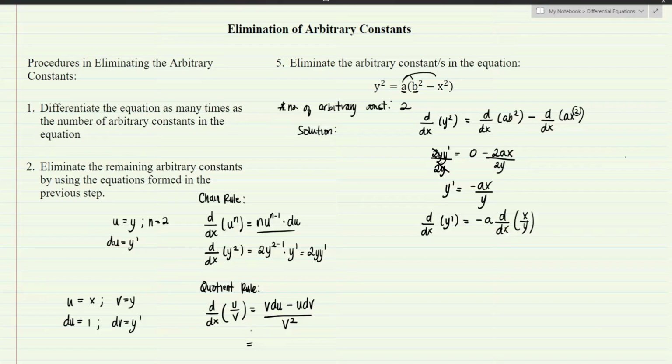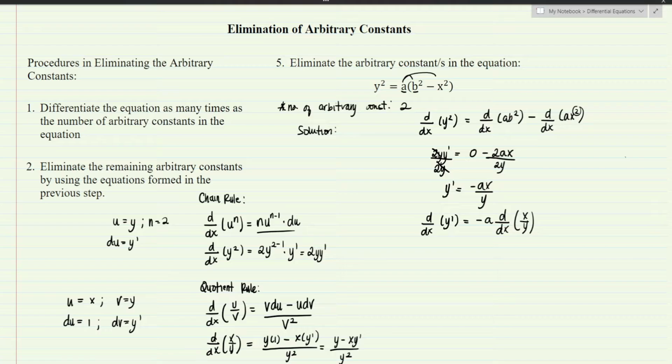So the derivative of x over y would be v du, that would be y times 1, minus u dv, that is xy prime, over v squared, that would be y squared. Or simply, this is y minus xy prime over y squared.